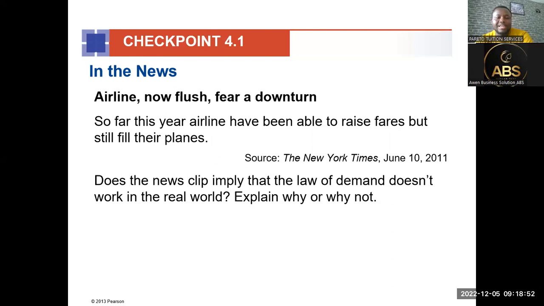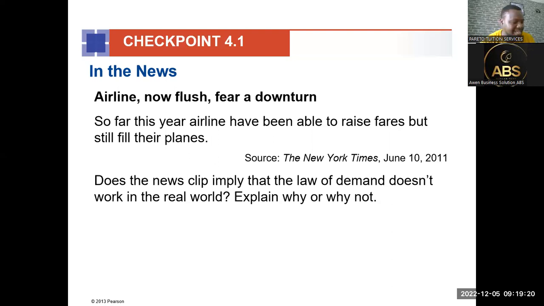It's only the fares. Okay, they've increased their fares, so it's like the cost of going in for their service has increased. Yet people are buying the service, and you see, it's like it's trying to violate the law of demand, right? Yes. But it doesn't mean the law doesn't work. If you come to the real world, the law works.